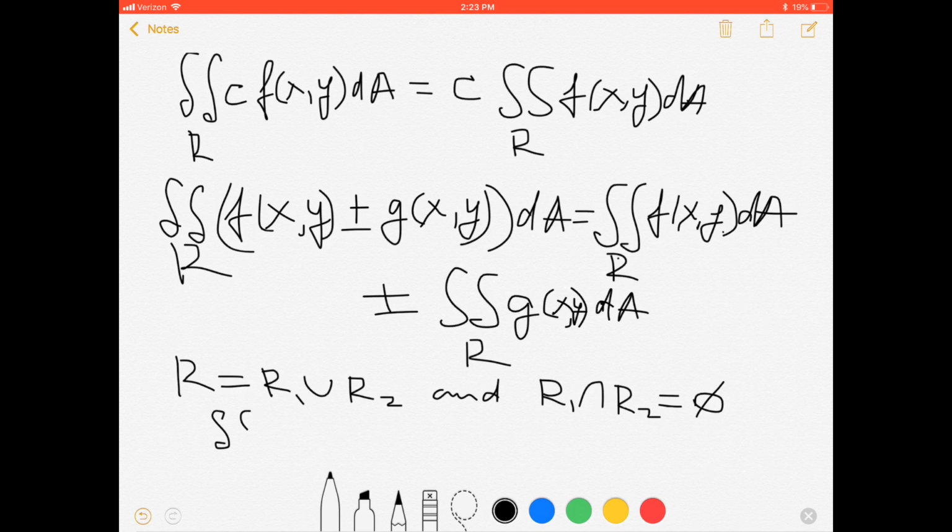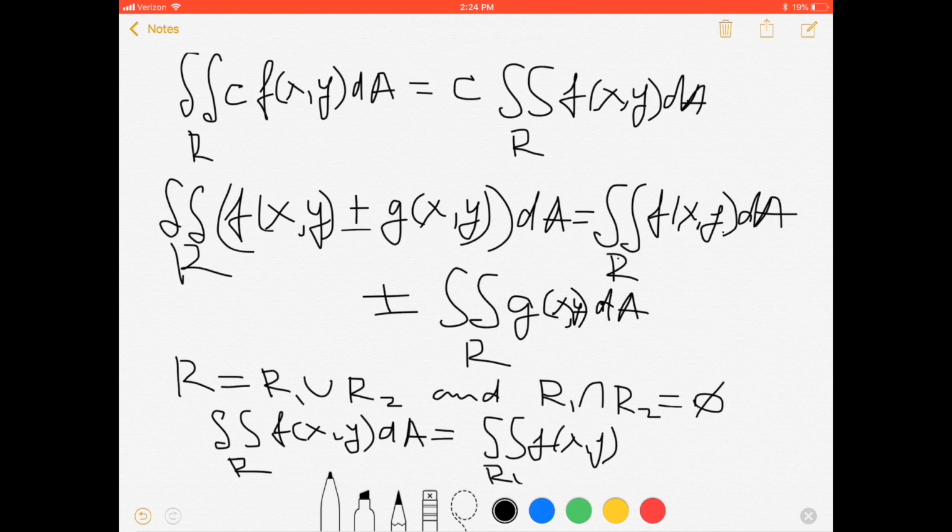This means the integral for region R will be the sum of two integrals, one for region R1 plus the double integral for region R2.